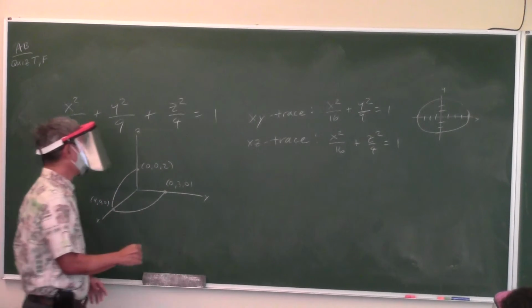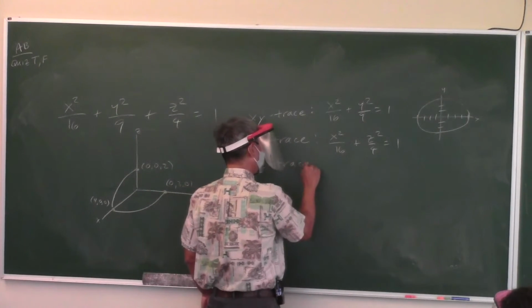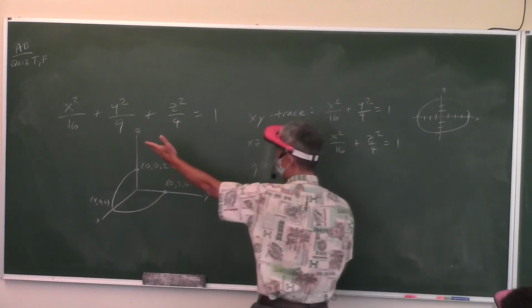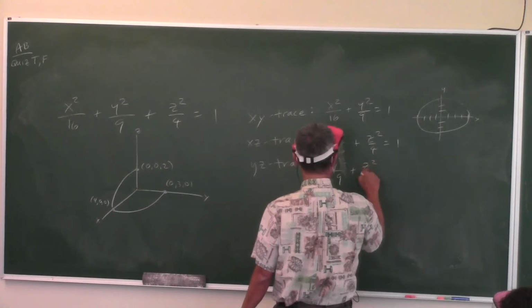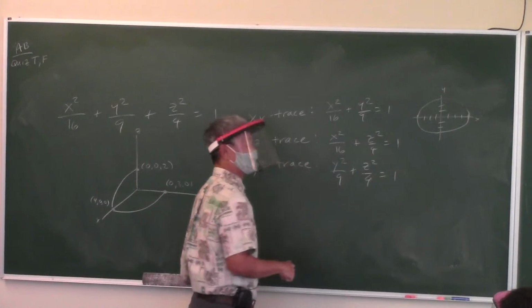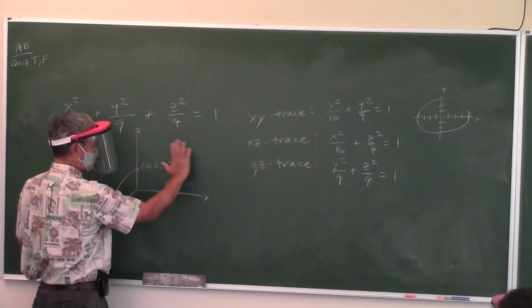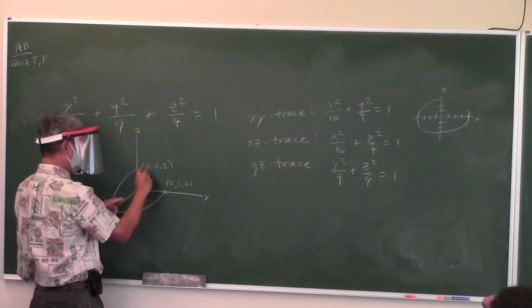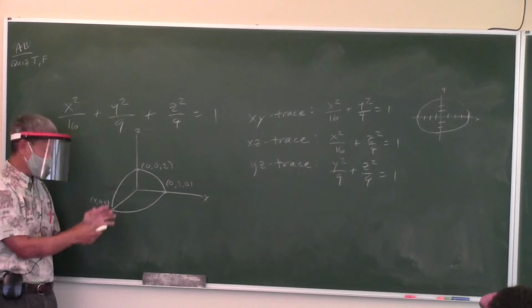And then finally, the yz trace. If you substitute 0 for x, you get y squared over 9 plus z squared over 4 equals 1. Hey, that's an ellipse. So in the yz plane, which is against this wall right here, you're going to see an ellipse. But of course, we're only drawing in the first octant, yeah?